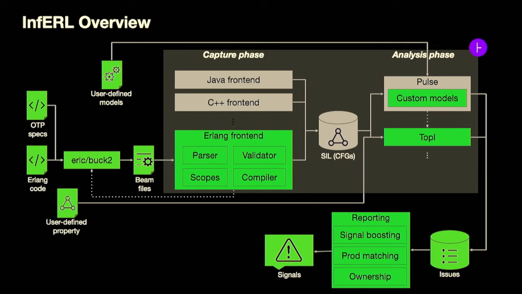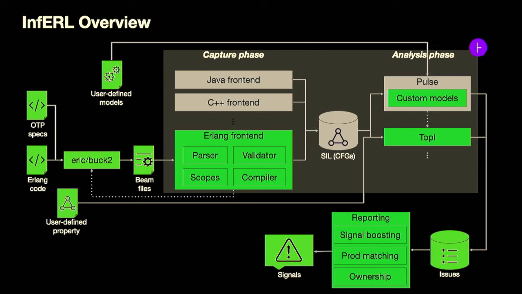The Erlang Infer architecture contains 2 major phases. First, a capture phase, which takes the source code and converts it into an intermediate representation. And here, note that the input contains both the OTP library specification and the Erlang code subject. The OTP library specification makes the analysis more precise.